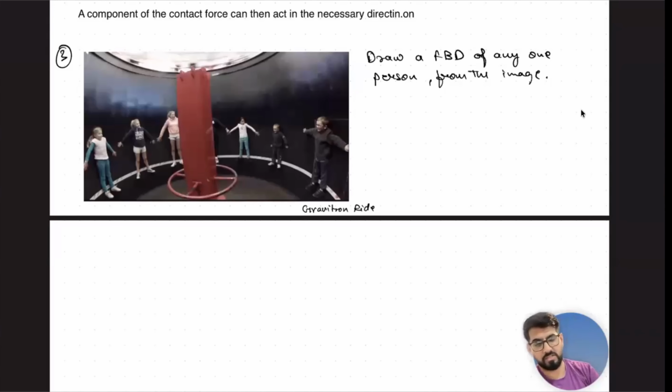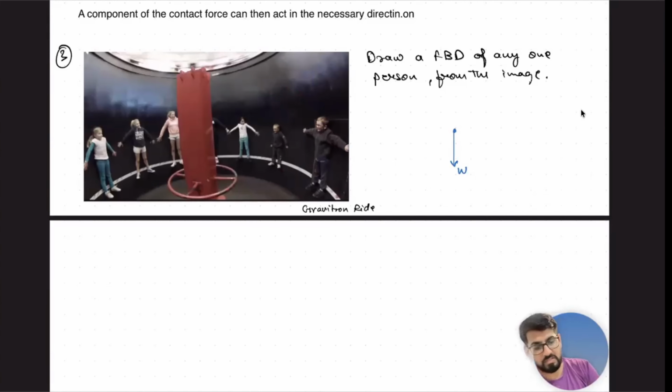Okay, pay attention now. So these persons are not falling. Let us say I take this small person, I will draw a dot to show the person here. So look, weight is always vertically downward, that is for sure, which you can say W or mg. Now they are not falling because this person has a tendency, because of the weight, to move down. But this surface of the gravitron, the wall, has friction.